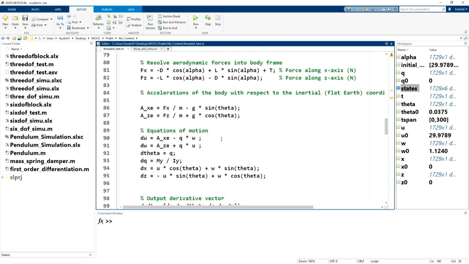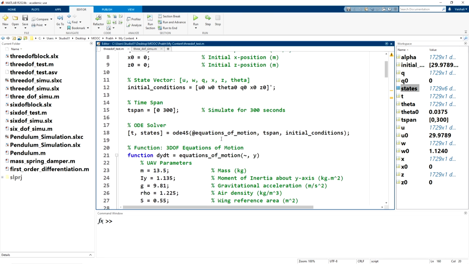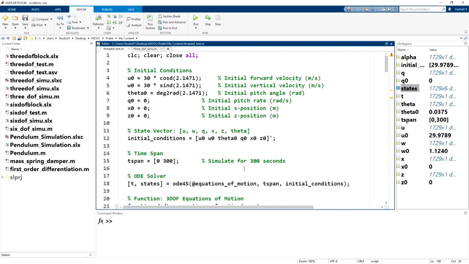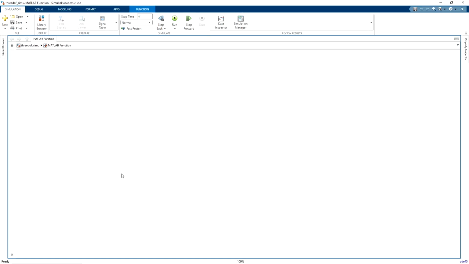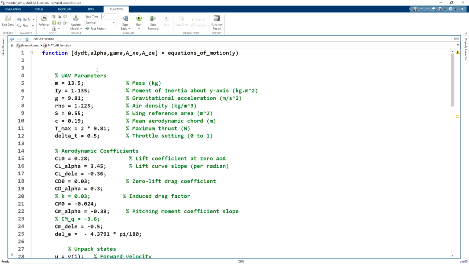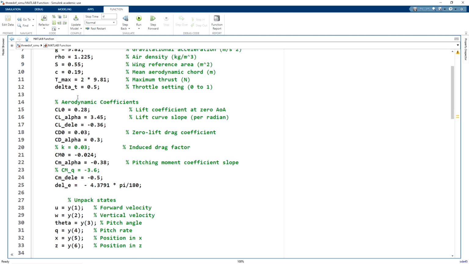Now let us simulate the same in Simulink as well, using the MATLAB Simulink block. All right. So in the last lecture I explained about this MATLAB function. So in the MATLAB function everything remains the same.